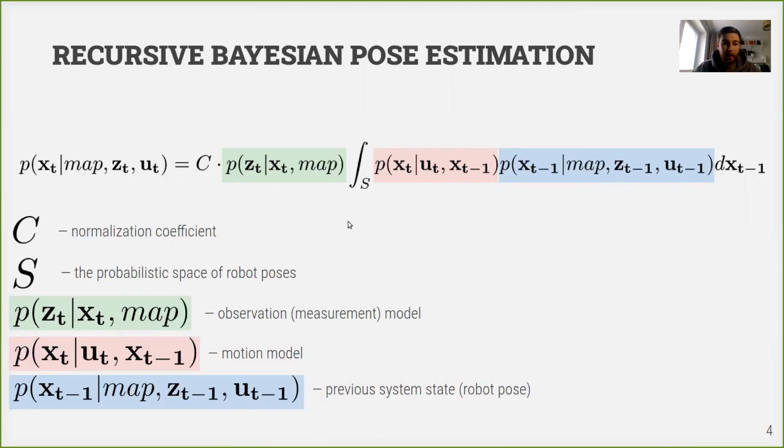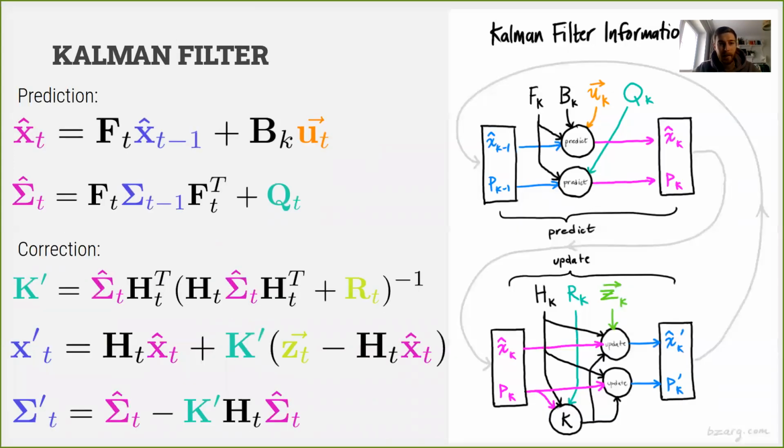I will also remind you that this is just a framework, so we cannot use this equation directly to estimate robot pose. There are different algorithms which follow this framework to help us estimate robot pose in space. And last time we discussed the so-called Kalman filter, which uses normal distributions and their multiplication to estimate probability of robot pose.